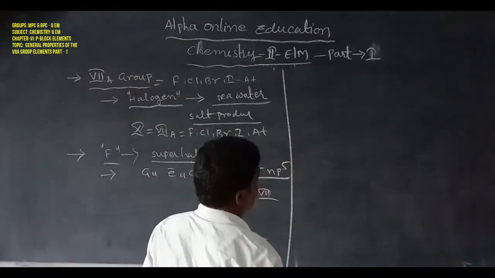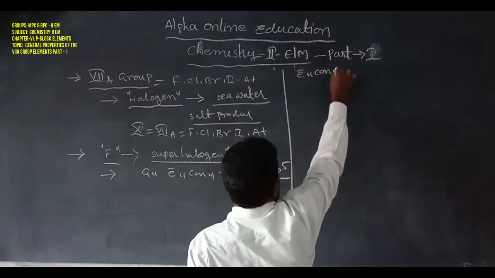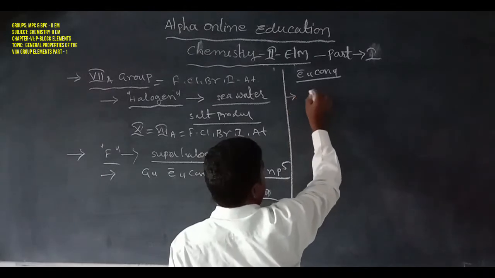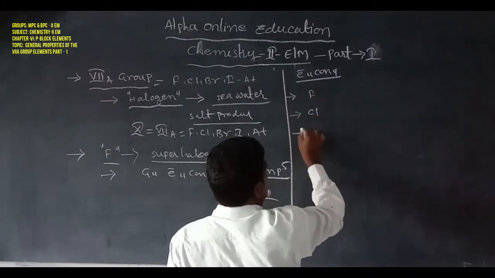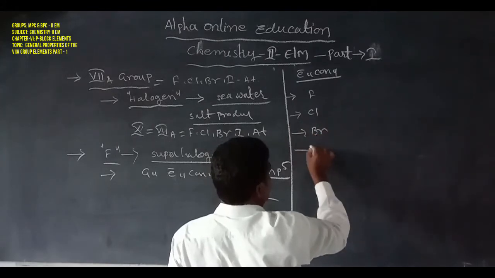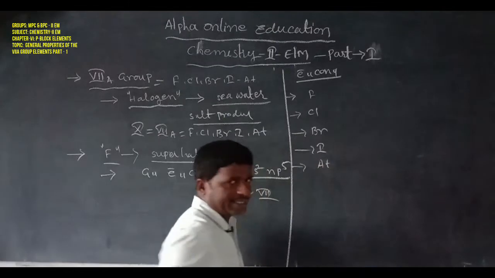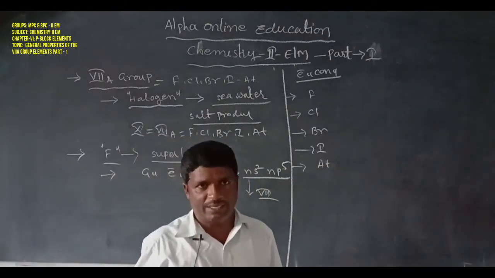Next one, electron configuration of the 7th A group elements. First fluorine, next chlorine, bromine, iodine and astatine. In this group, astatine is a radioactive element.